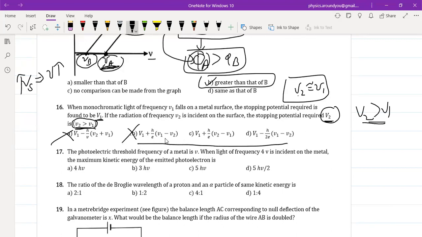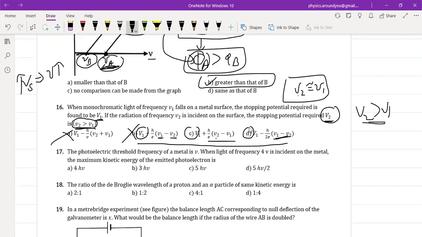This does not, because nu1 minus nu2 will be a negative number, and the resultant expression becomes lesser than V1. So option B can't be. What about option D? This is negative, but negative into negative is positive. Here also, this entire thing is positive. So it might be C and D.